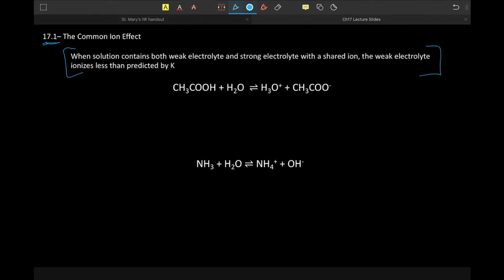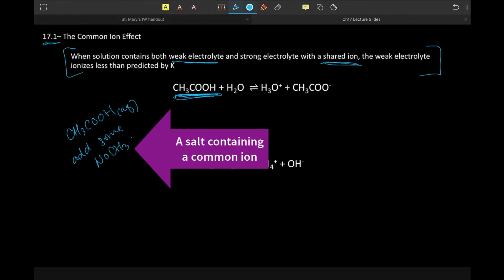When a solution contains both a weak electrolyte and a strong electrolyte with a shared ion, the weak electrolyte ionizes less than predicted by Ka. That's like saying we took some acetic acid, and to that aqueous solution we added some sodium acetate.